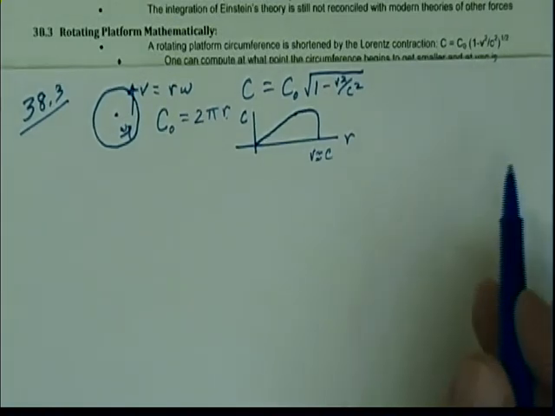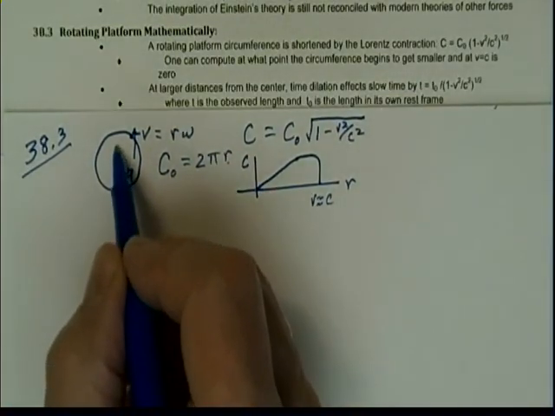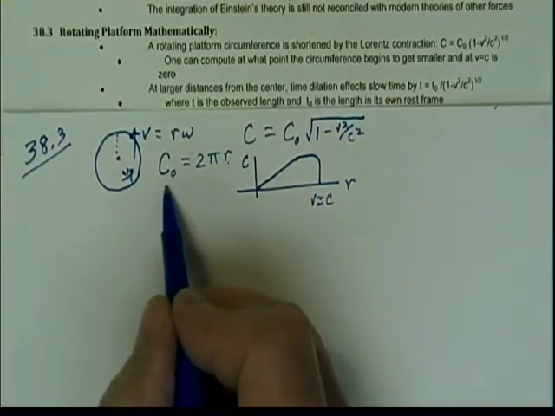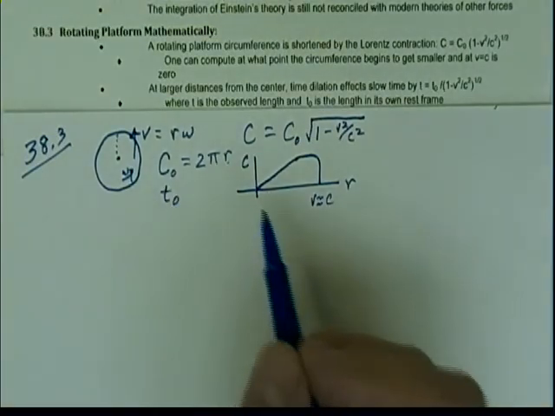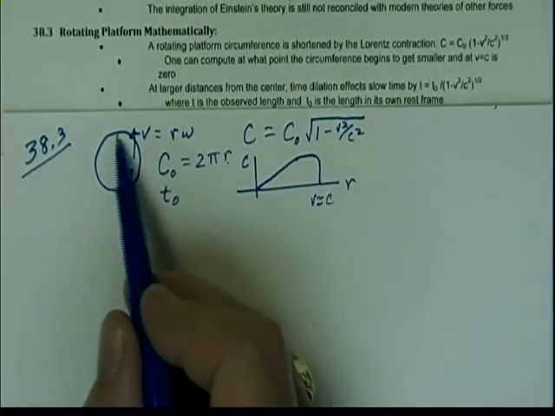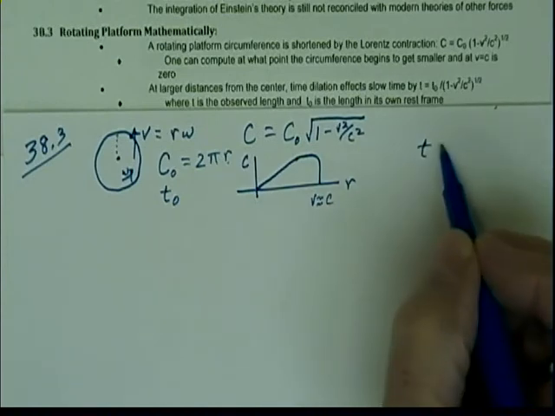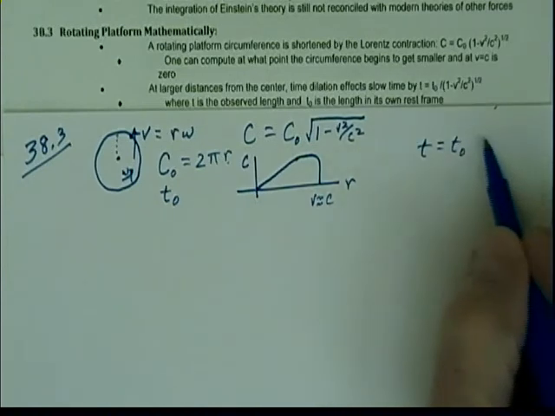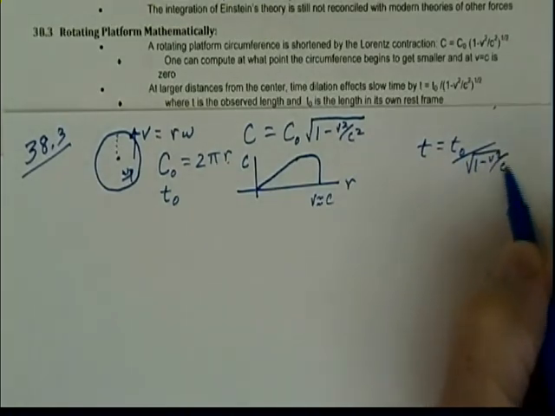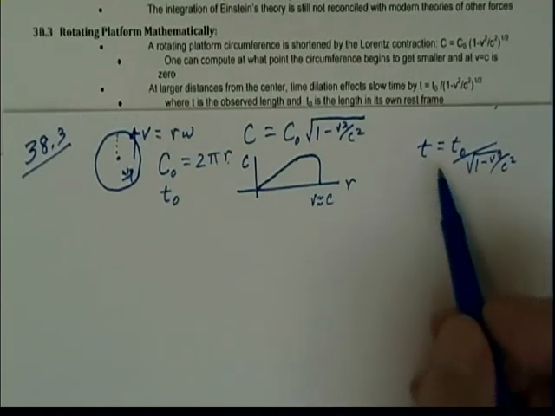But let's think now about what happens because of the time dilation. If we have a set of clocks at different distances from the center, then of course they will all agree that a time t naught passes between two events. But once we get out here with high velocities, our time is altered, so the time becomes equal to the normal time divided by the square root of 1 minus v squared over c squared, which is the time dilation.